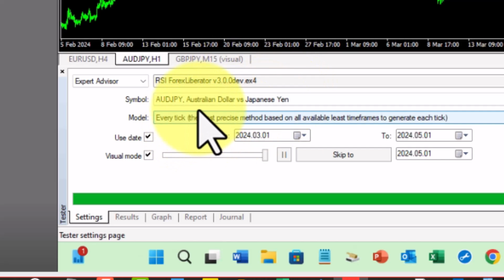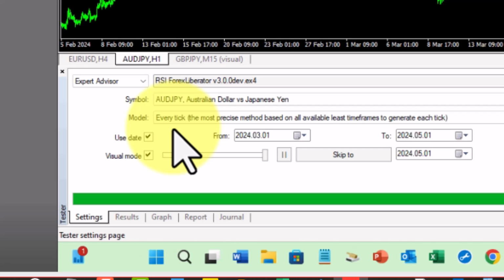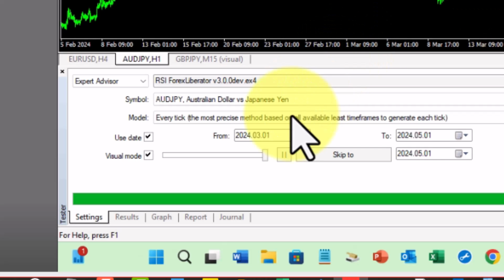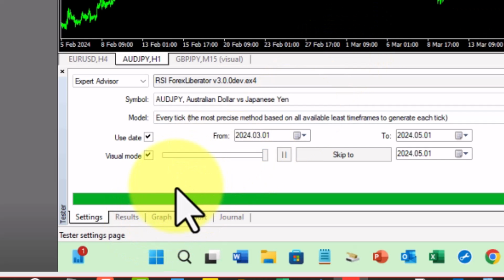We're going to be trading the Aussie yen. We're going to use the every tick basis. We're going to be trading from the 1st of March, which is somewhere over here, to just go through a normal phase, and then we're going to be trading that particular phase. And then this will all happen in visual mode, so we're going to actually see the trading happening.